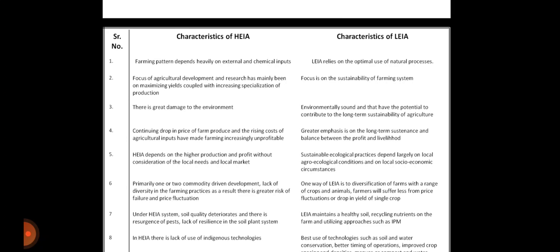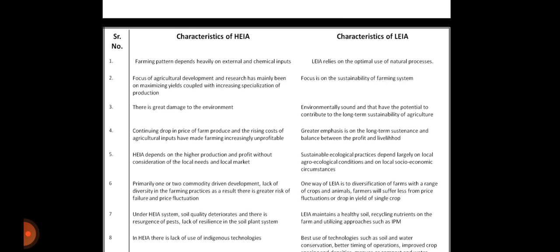Second one, in high external input agriculture, the focus of agricultural development and research has mainly been on maximizing yield, coupled with increasing specialization of production. LEIA focuses on the sustainability of a farm system.